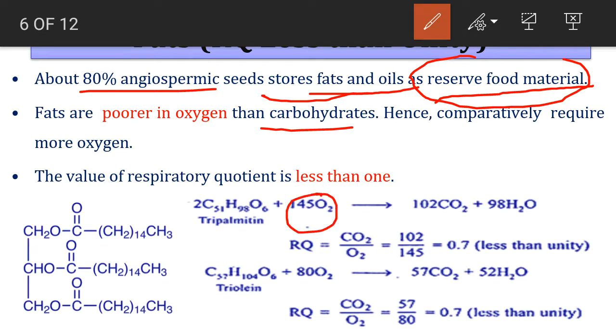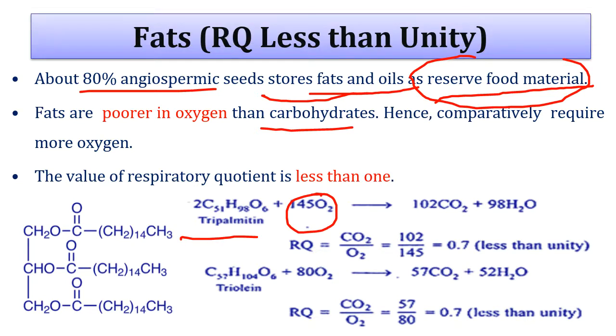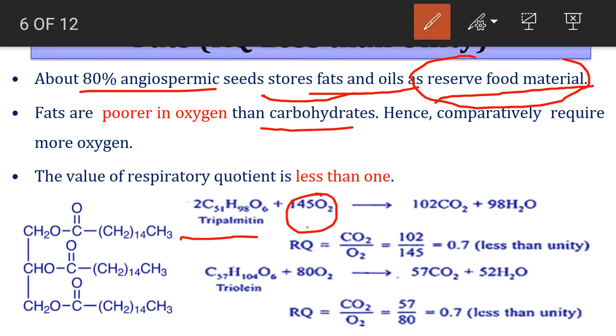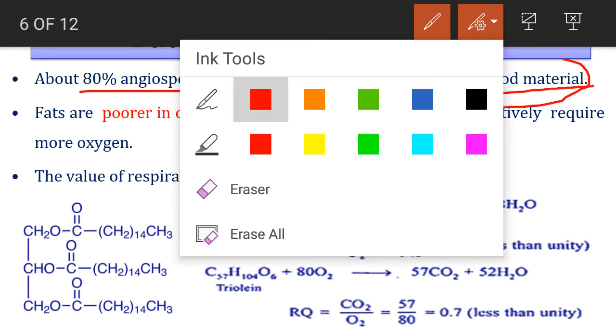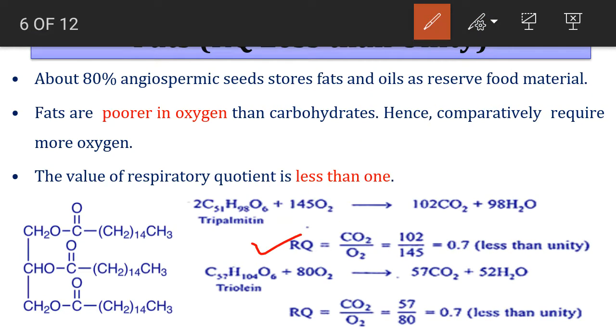Here you can see the example of tripalmitin, which is a fat. In this equation the amount of oxygen required is 145 molecules, whereas only 102 carbon dioxide molecules are given out. If you put this value in the formula, 102 divided by 145 gives 0.7, which is less than the value for carbohydrates.